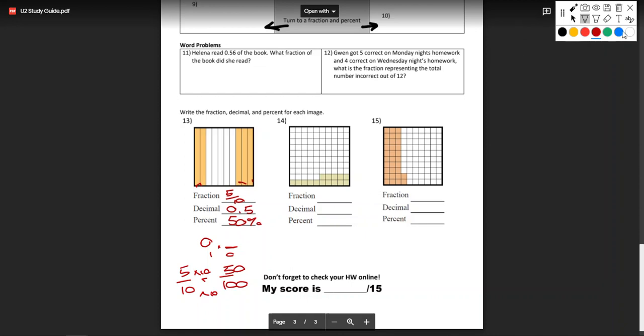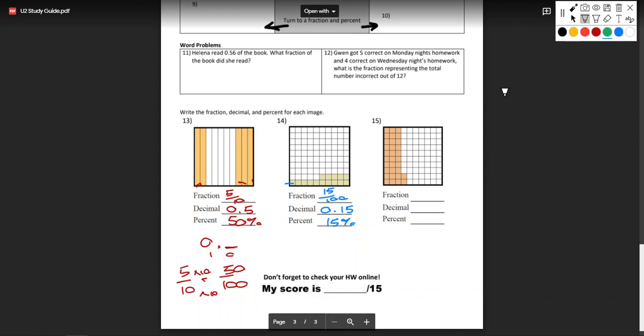For the next one, that's on a 100 grid. So the fraction is 10, 11, 12, 13, 14, 15 over 100, which is going to be 0.15 because this 5 is in the hundredths place. And then remember, anything out of 100 is automatically a percentage, so that's 15%.